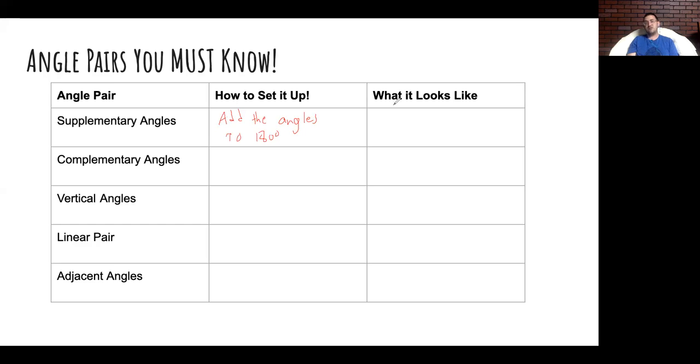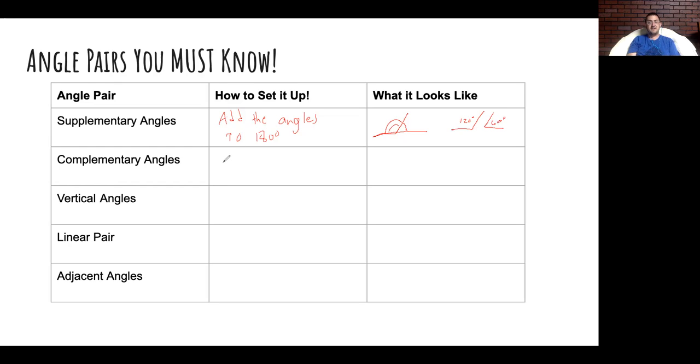What it looks like: supplementary angles could be next to each other, which we will talk about a little later because it's another vocab word on here. Or you could have two separate angles, like a 120 and an angle that's 60 degrees, and we could say that those are supplementary as well.